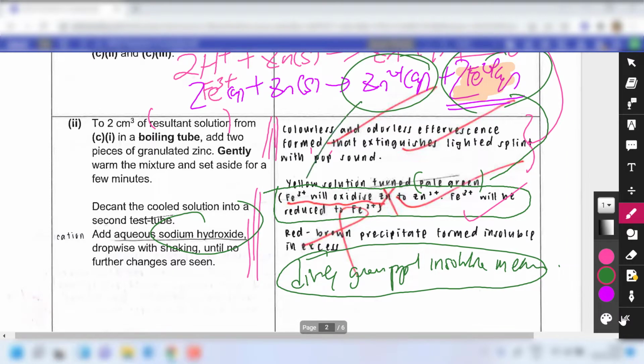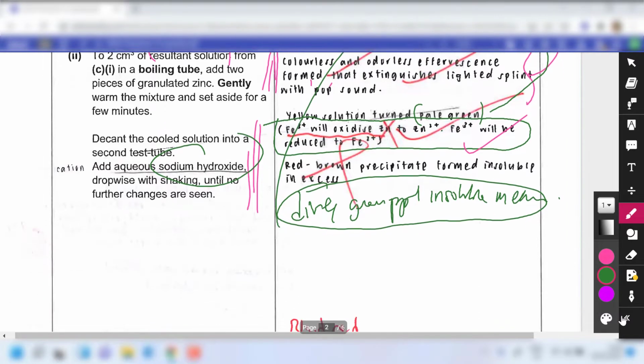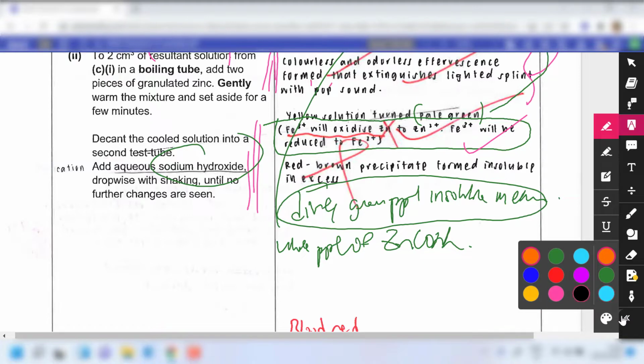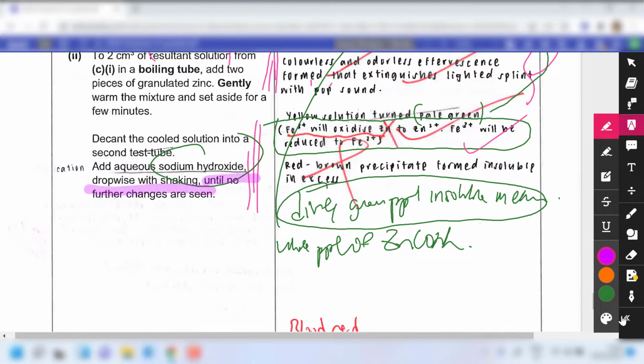So you are very, very likely to observe white ppt of zinc hydroxide. But it doesn't really matter here because the instruction given to you is to add until no further change is observed.